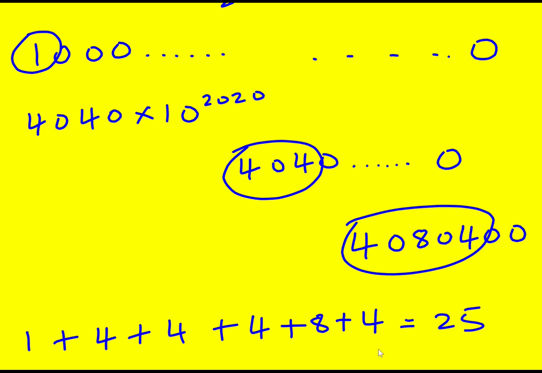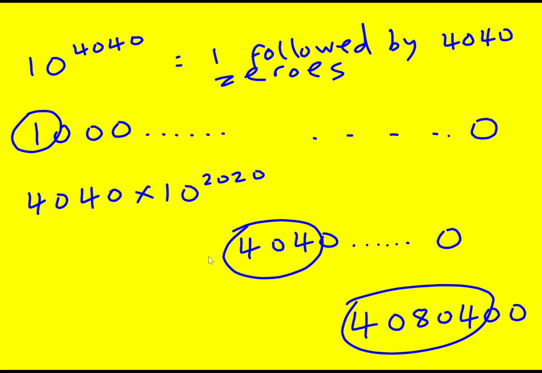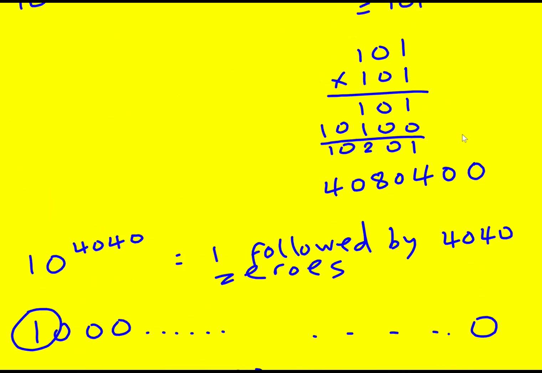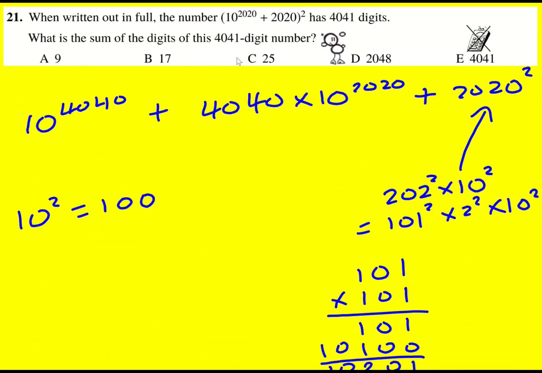I should just emphasize again, why does this work? If we had overlapping digits like 8 and 9, then you can't just add the 8 and the 9. You'd get a 7 here and you'd have to carry the 1. But the only overlap between any digits for these three numbers is where the zeros are. The 1 doesn't overlap with anything.